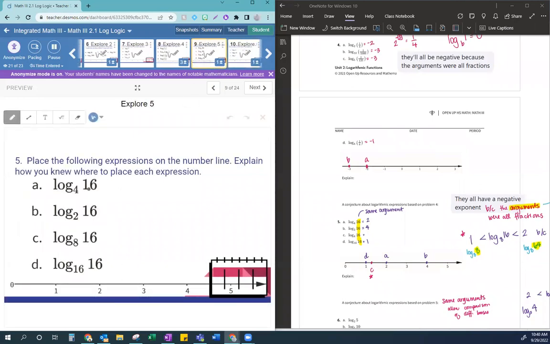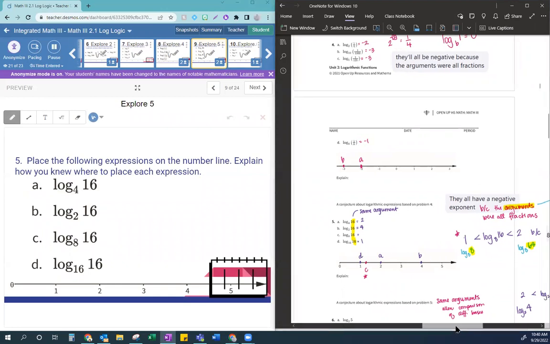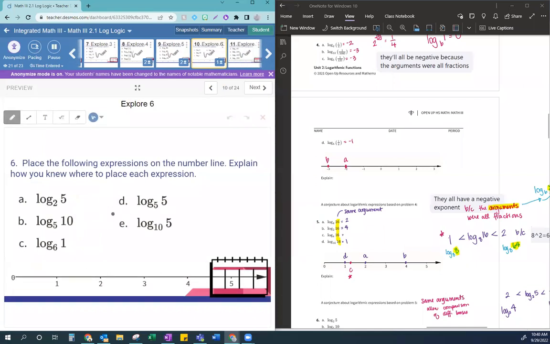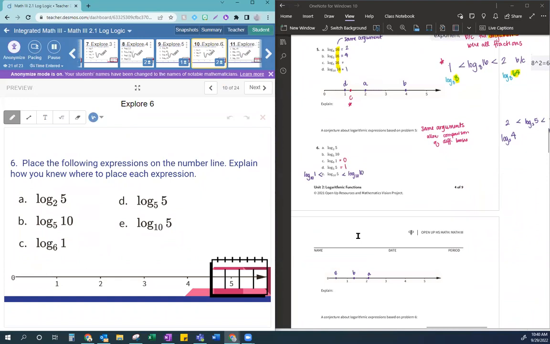Here, remember, you guys all noticed, oh, these are all the same arguments. And you guys said something like, because they're the same arguments, we can compare the different bases, right? And then over here, these were not. These were interesting because this was easy.